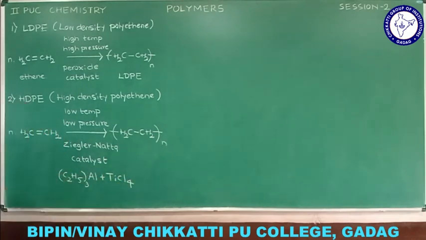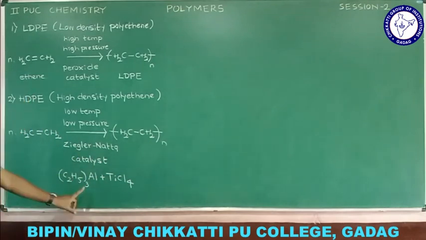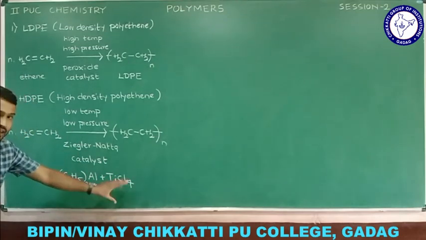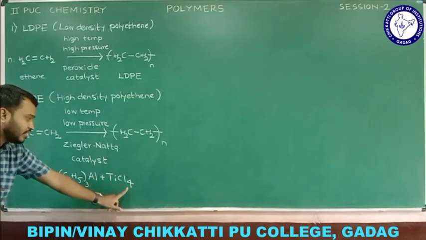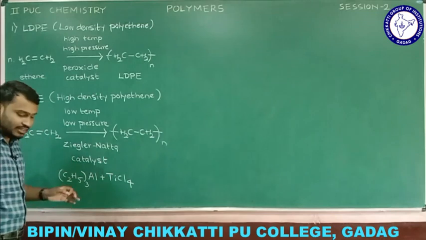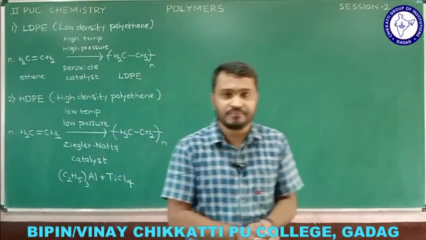This is the formula that belongs to Ziegler-Natta catalyst. Triethyl aluminium and titanium tetrachloride. I repeat, triethyl aluminium and titanium tetrachloride. This mixture we call the Ziegler-Natta catalyst, and it is used in the manufacture of HDPE.